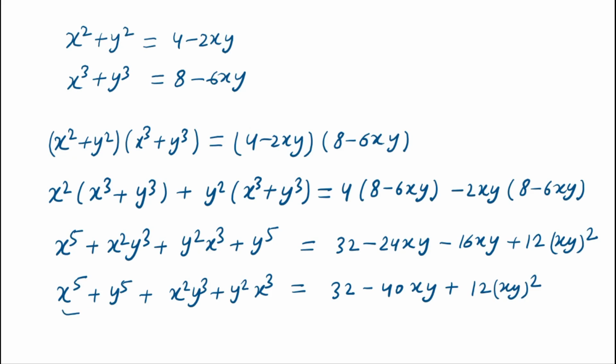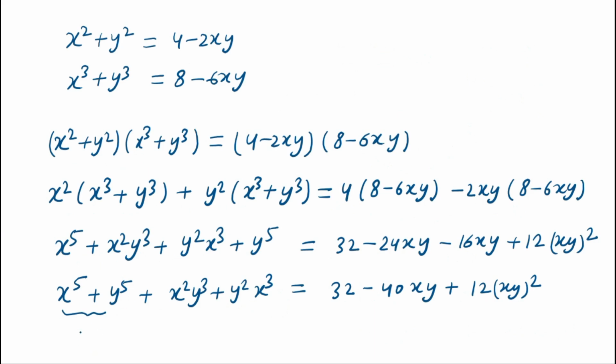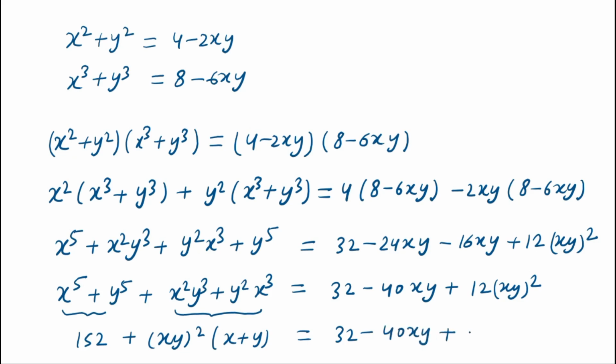The value of x power 5 plus y power 5 is 152, so this value is replaced by 152 plus, and look carefully at these two terms. If we take common xy whole square, then you will get x plus y, and this equals 32 minus 40xy plus 12 times xy square. Now first we will write this expression on the next page.